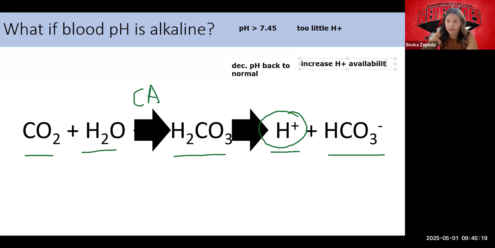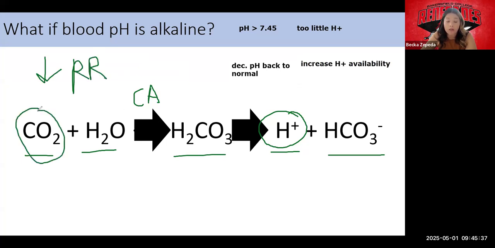How we do that is by doing the opposite of what we did with acidosis. So how our respiratory system helps us when we're in alkalosis is we are just going to decrease our respiration rate. And so we're holding on to more of this CO2 because we're slowing down our breathing.